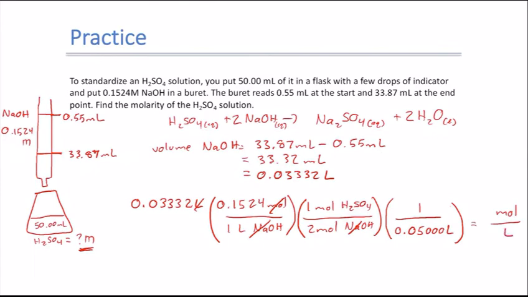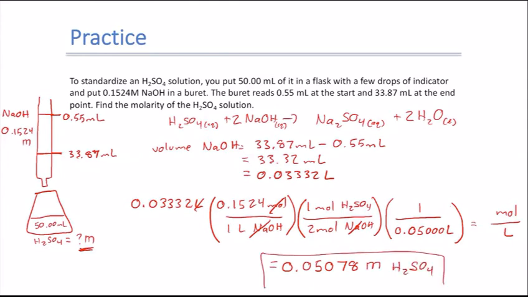So that way I know my units have to be moles per liter. This gives us a concentration of sulfuric acid of 0.05078 moles per liter of sulfuric acid.